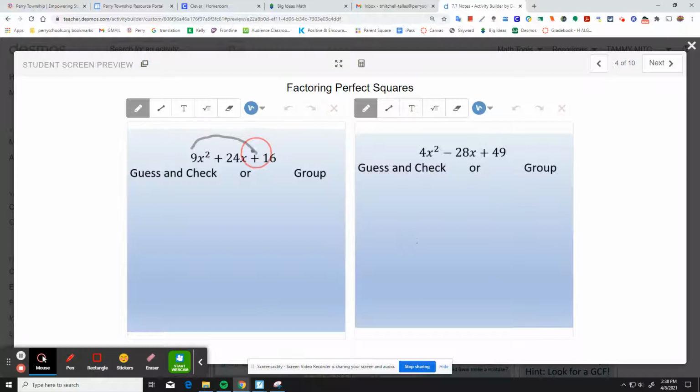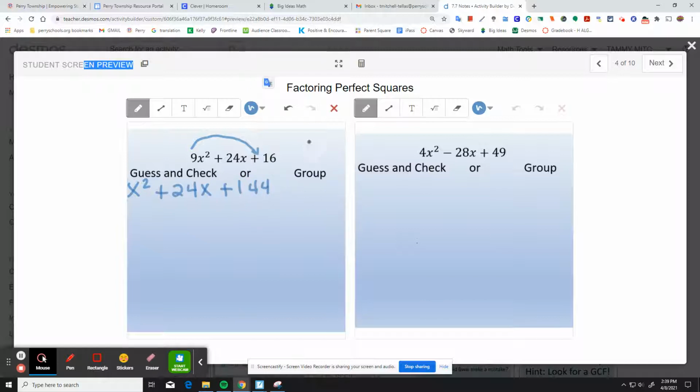So 9 times 16, let's see. I can't do that in my head, so let's stick that in a calculator. 9 times 16, 144. So 9x squared plus 24x plus 144.